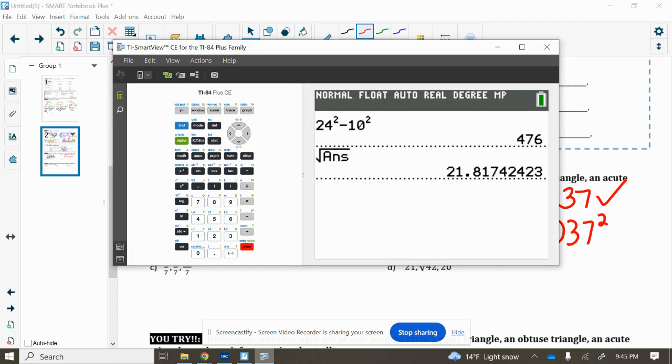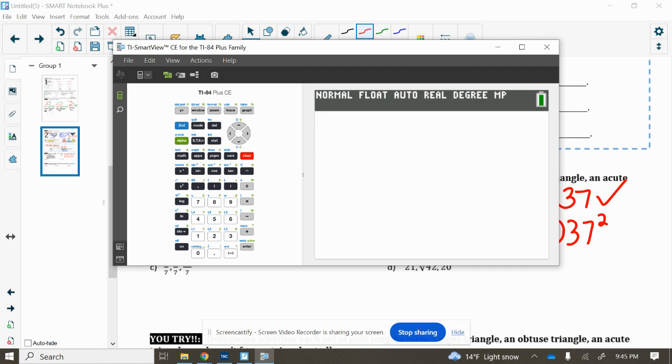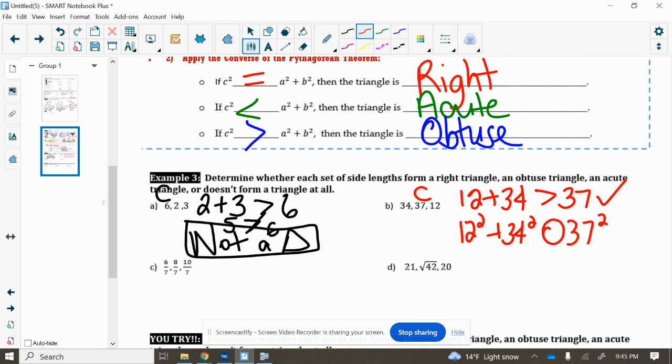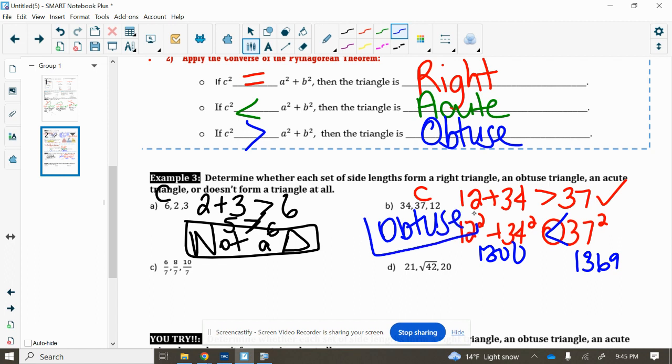Okay, so in this case, we have 12 squared plus 34 squared, again our two smaller sides. How does that compare to the biggest side, 37? Well, 37 squared is bigger, right? This is 1369. And then a squared plus b squared was only 1300. So if your c squared is the biggest, this triangle ends up being obtuse.